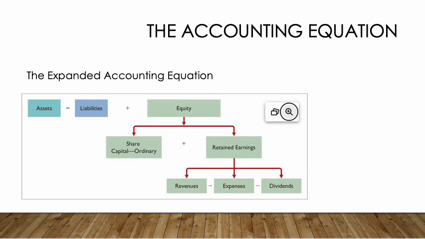Equity then consists of share capital or owner's equity, as we talked about earlier, plus the company's retained earnings. And remember, retained earnings is the company's cumulative profit less any dividends or withdrawals. And so we can see here then, retained earnings is equal to revenues minus expenses minus any dividends or withdrawals from the company.